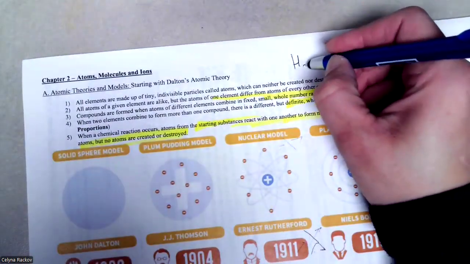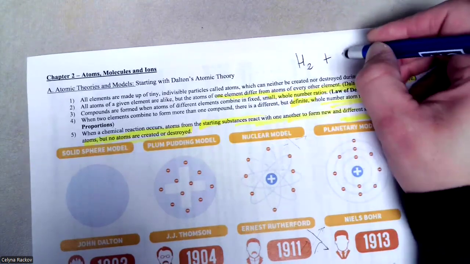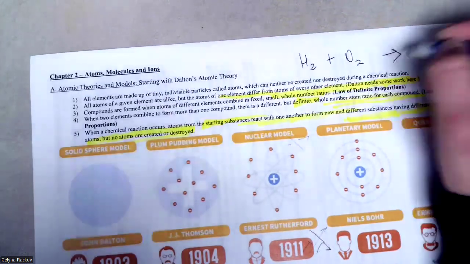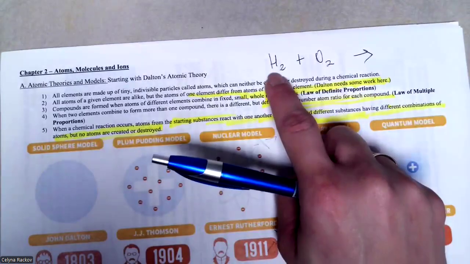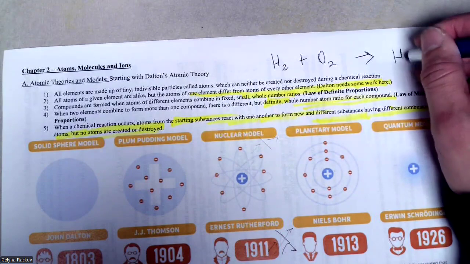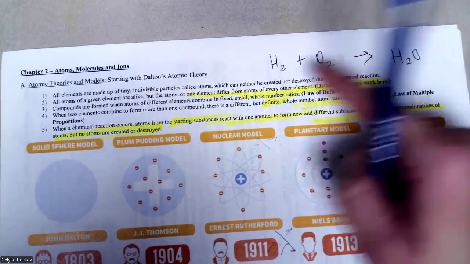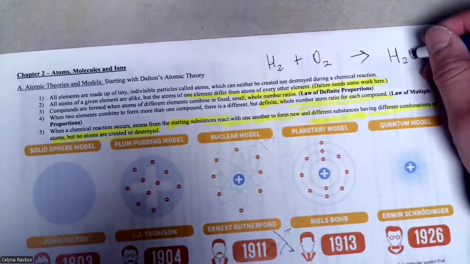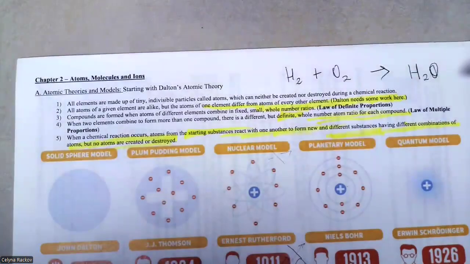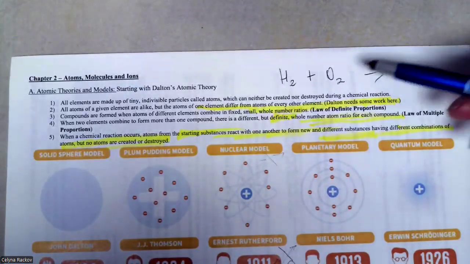We have initially hydrogen with oxygen. In ordinary reactions, the hydrogen and the oxygen should still be here, like here, right? Hydrogen and oxygen combined produce water.